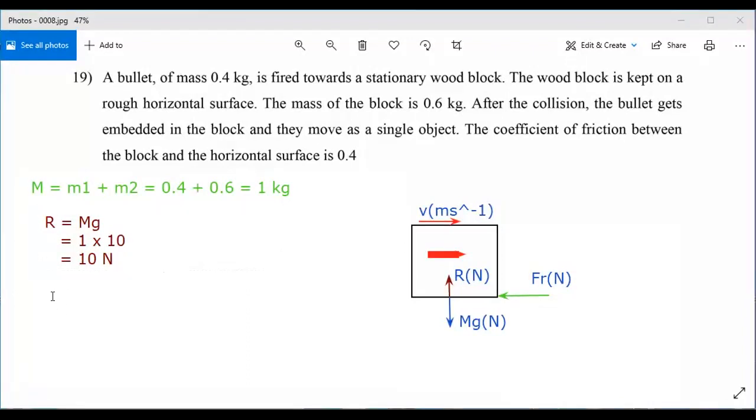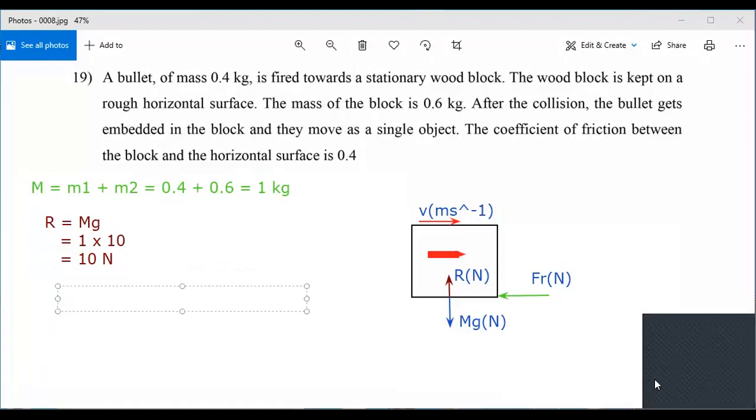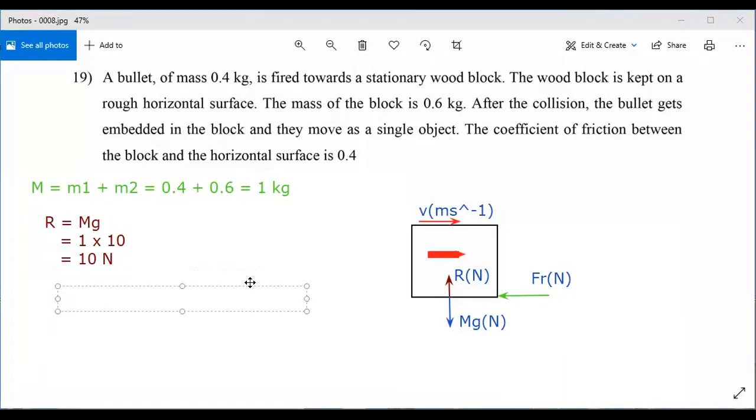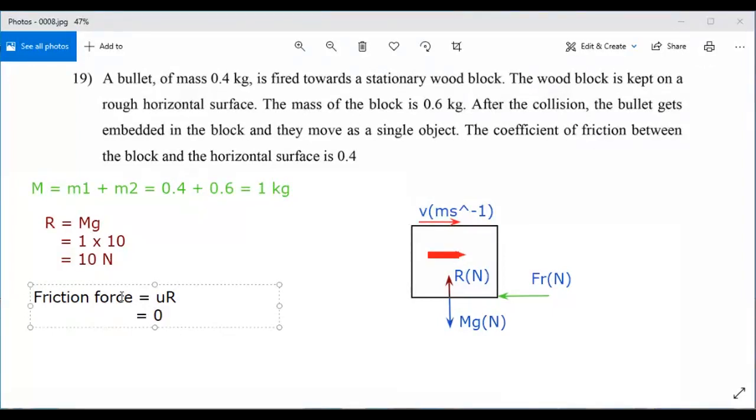Right. Then how do you find the friction force there? If we know R, if we know mu, we can find the friction force. Let's use the equation: friction force equals mu R. As I do not have the letter mu in this app, I use the simple letter u instead of mu, but it's okay. The value of mu, the coefficient of friction between the block and the horizontal surface, is given as 0.4.